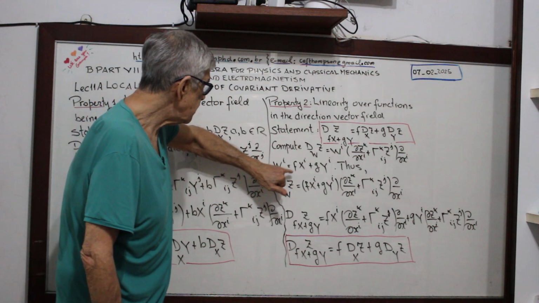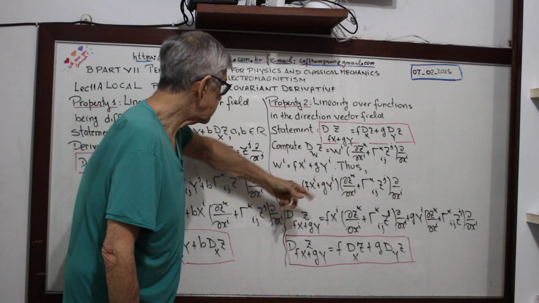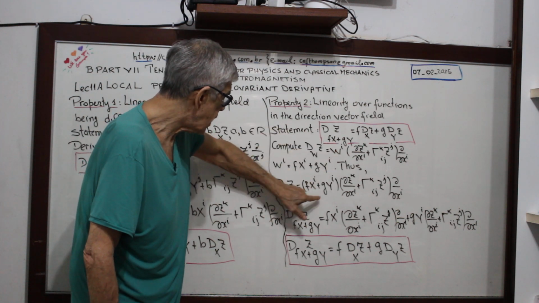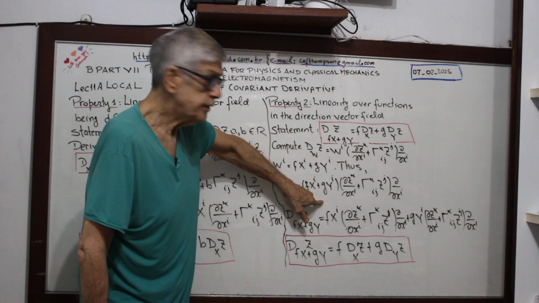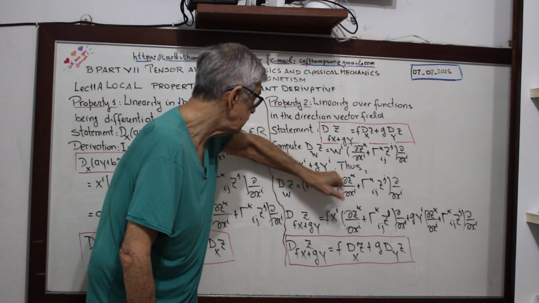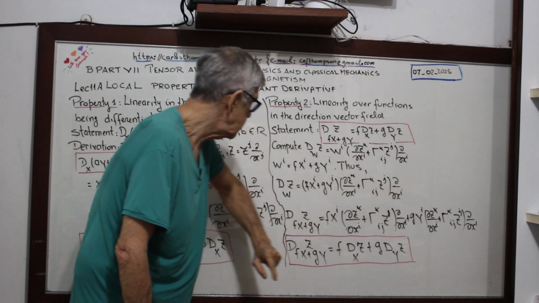Then W^i: I can substitute fX^i plus gY^i, which multiplies the covariant derivative of Z. Don't forget this is partial x^i.